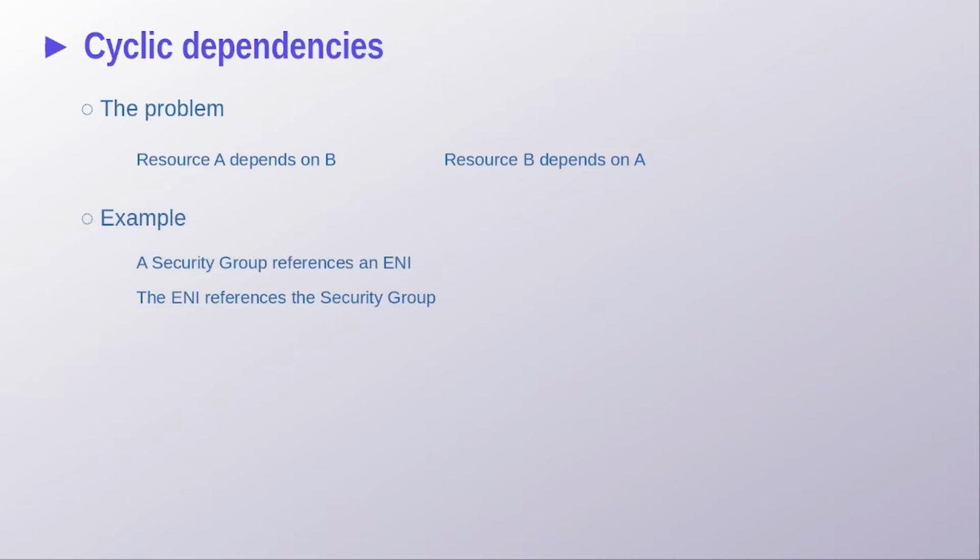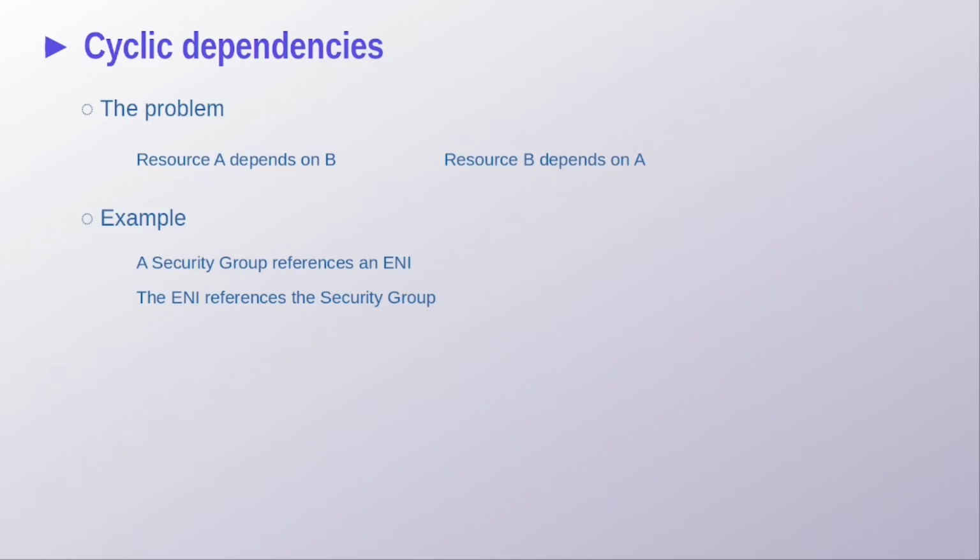Circular dependencies. Terraform must know what to create first, but sometimes we create a circle. Example: resource A depends on B, and resource B depends on A. Terraform gets confused. In real work, a security group references an ENI, then the ENI references the security group.